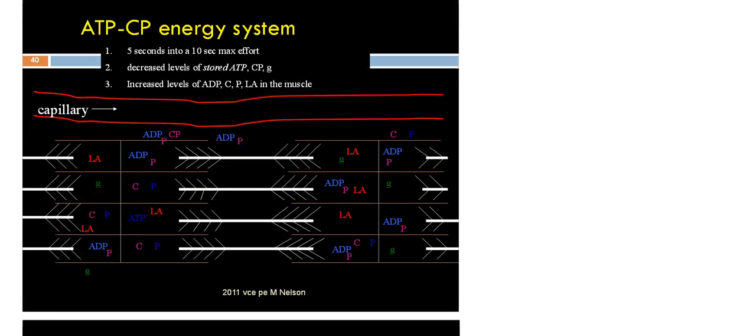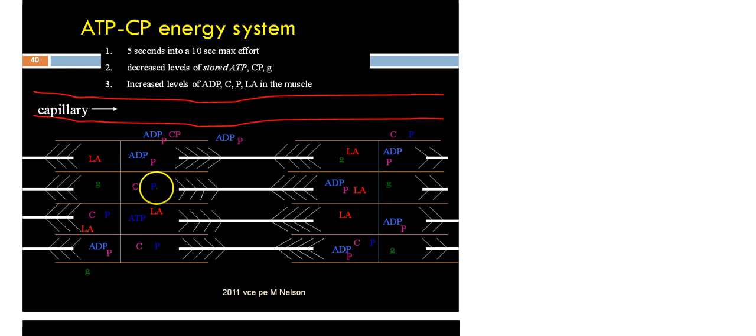5 seconds in to the 10-second max effort, when our ATP PC energy system is at its peak, we'll see a couple of changes. There'll be less stores of ATP, so we have more adenosine diphosphate with our inorganic phosphates. We have less creatine phosphate, and we'll see that we have phosphate and creatine that's been split.